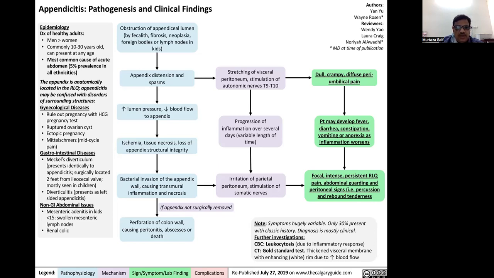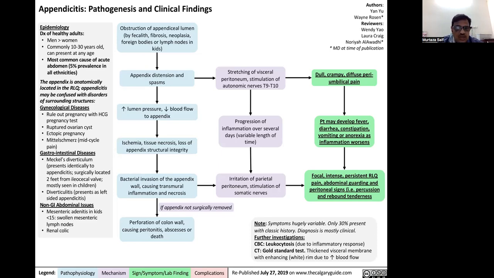Bacterial invasion of the appendix wall causes transmural inflammation and necrosis, which irritates the parietal peritoneum, or it may perforate, causing peritonitis, abscess, or death.